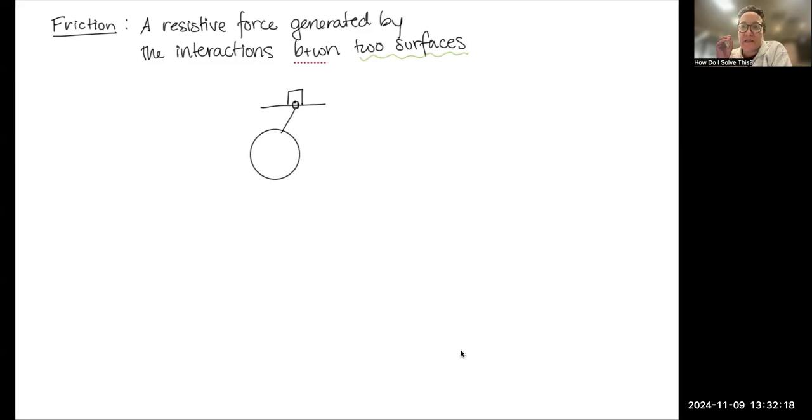And even if they're very, very smooth surfaces, at a molecular or even atomic level, there's going to be some amount of roughness to them. Now, maybe they're very rough, or maybe they're just a little rough. But at that level, something is going on with those surfaces. They're not perfectly smooth. And this is where we start to get some friction happening.